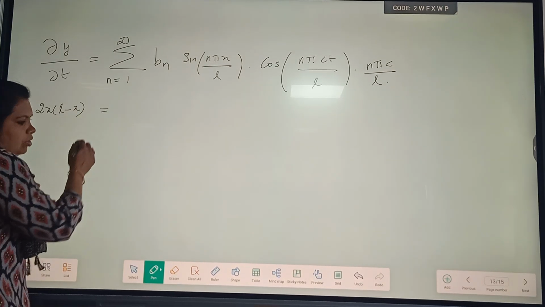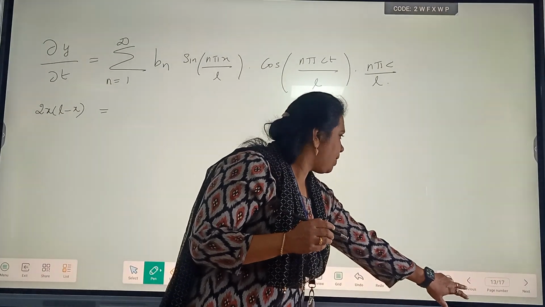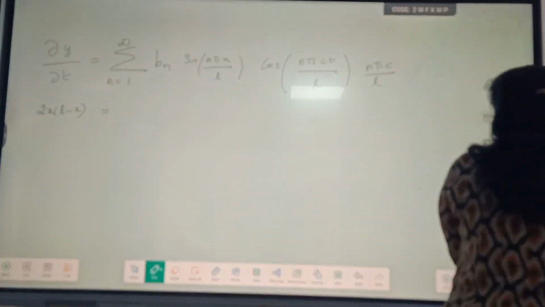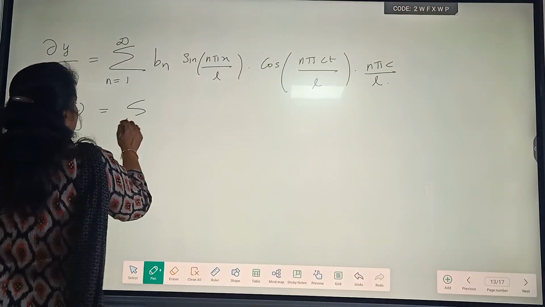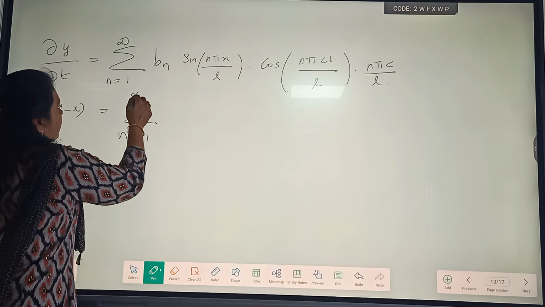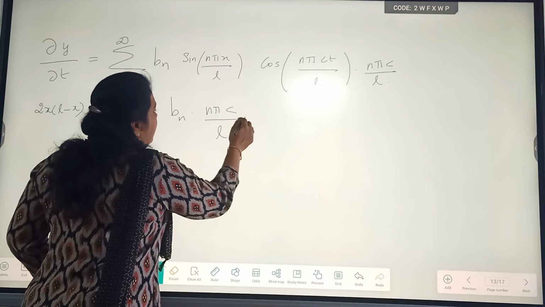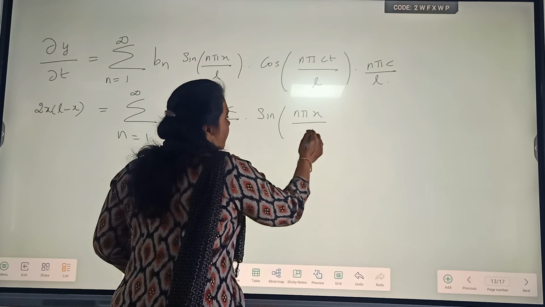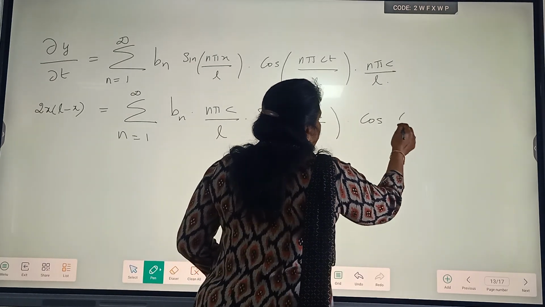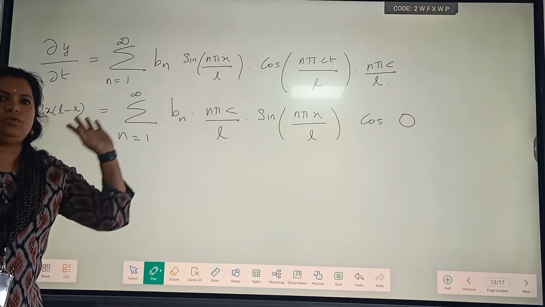So summation n equal to 1 to infinity Bn, I will write the constant here, n pi c by L sine n pi x by L cos 0, because my fourth boundary condition is the function when t equal to 0.